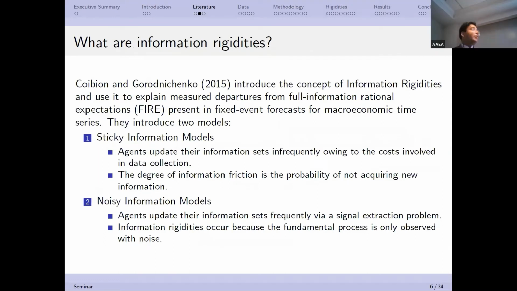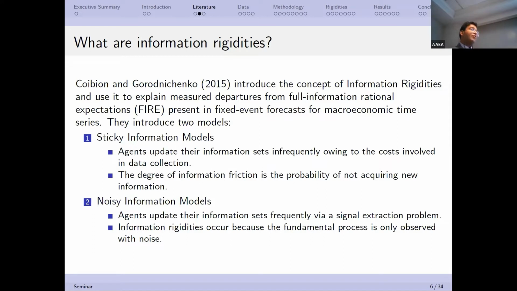So what are information rigidities? Information rigidities means incomplete access to information. This was a term coined in a seminal paper by Coibion and Gorodnichenko in 2015. The paper proposed two models of information rigidities. The first is sticky information models.